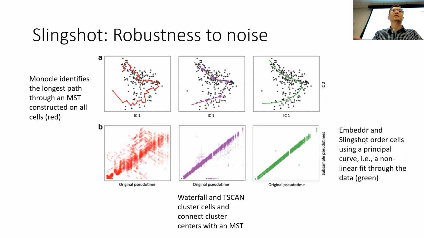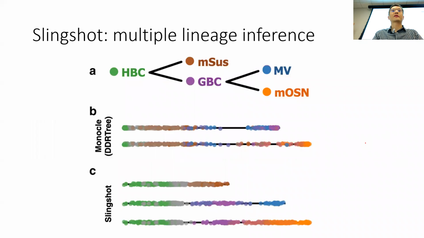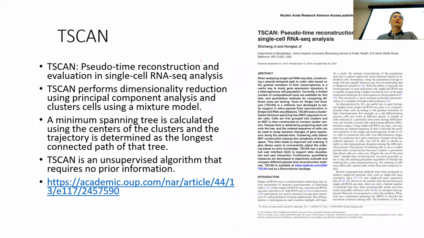They claim Slingshot is robust to noise. Well, again, this is just what they claim when they publish a paper, and they can do this multiple lineage inference. It looks at this path and also this path, to be more comprehensive, so the three paths are considered to recover the underlying genes.